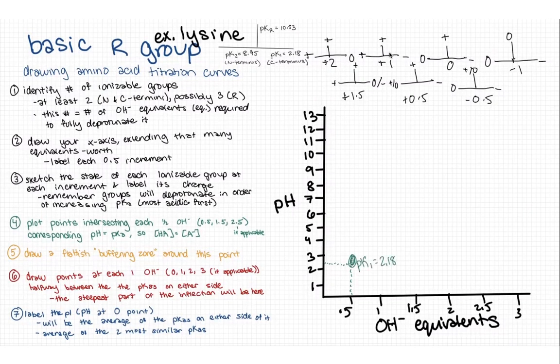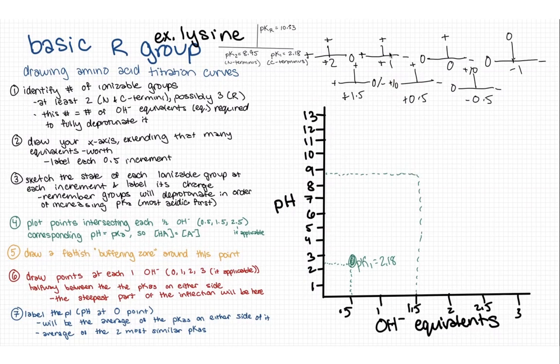Now we do the same thing for our next most acidic, which is going to be our pK2, our N-terminus. This is going to be about 8.95. We draw a dotted line over from that. And now we're drawing this to our 1.5 equivalents, because remember, this is going to be when we're at this state where we're talking about the pKa for this N-terminus group here. It's going to correspond to this 1.5 NaOH equivalent.